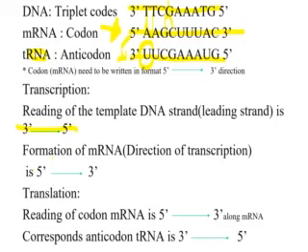Okay, the direction is from 5th prime to the 3rd prime. Then in translation, okay, the reading of codon in mRNA is from the 5th prime to 3rd prime direction, and then the corresponding anticodon on tRNA is 3rd prime to 5th prime. Okay, like what I mentioned here as well.